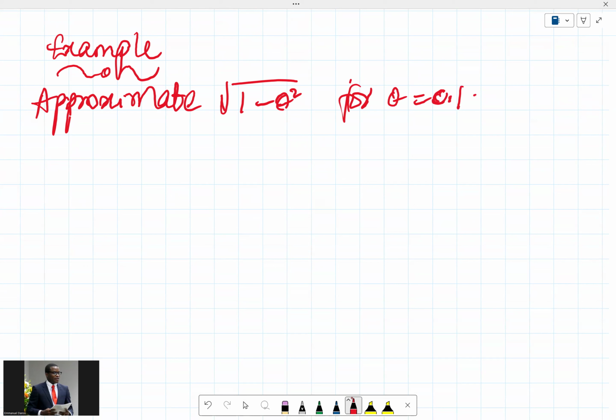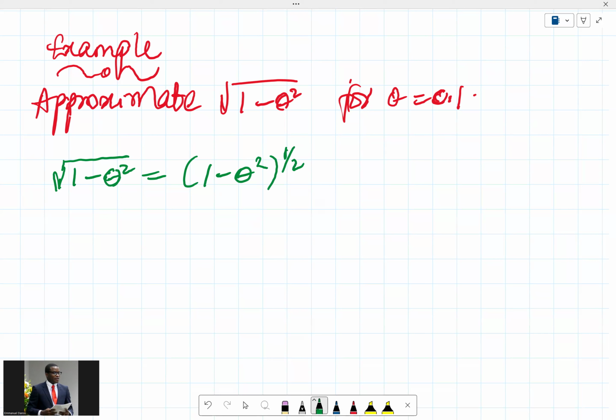So we have the square root of 1 minus theta squared. Normally, that is 1 minus theta squared raised to power half. That's what that is, so it means we need to use the idea of fractional powers now.